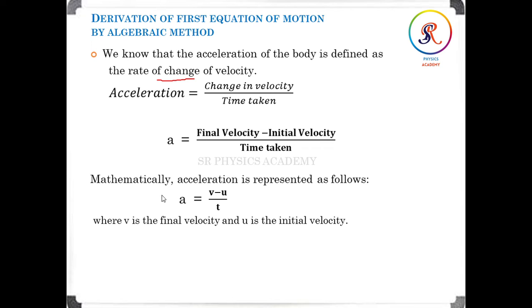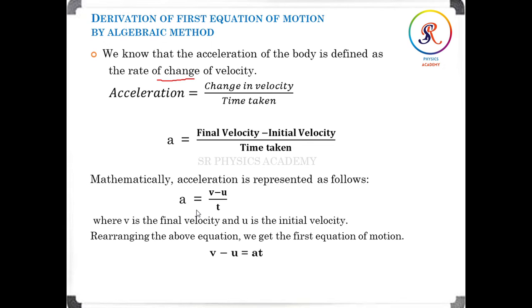Now we are going to rearrange this equation. V minus U equals what? We just multiply A into T. So we will get V minus U equal to AT. How did we get it? By rearranging the equation A equal to V minus U by T. So now what is our first equation?